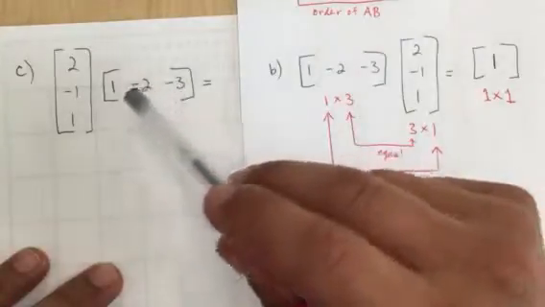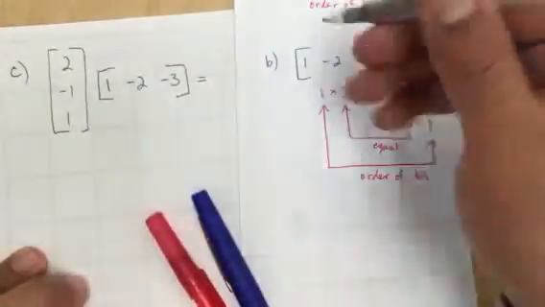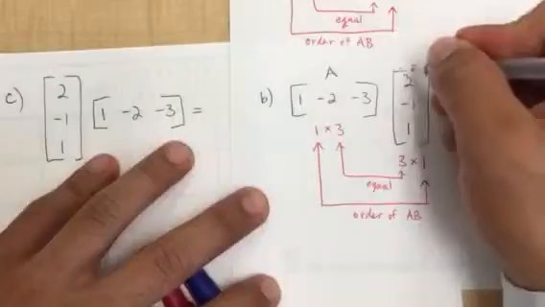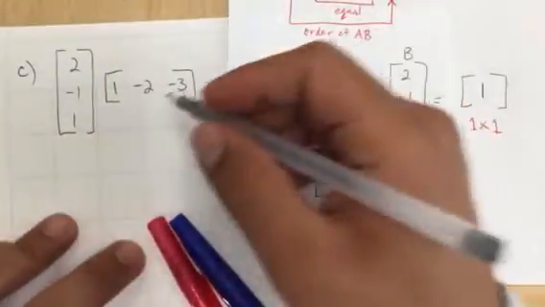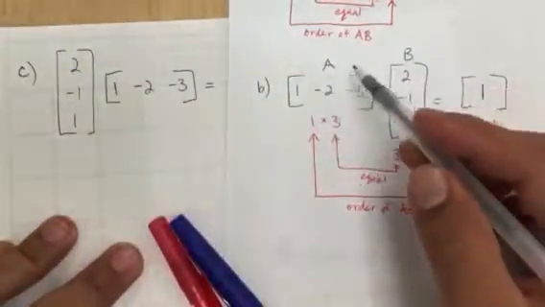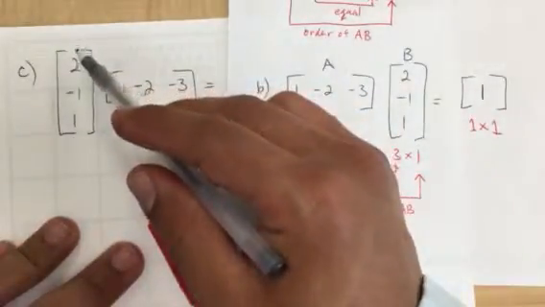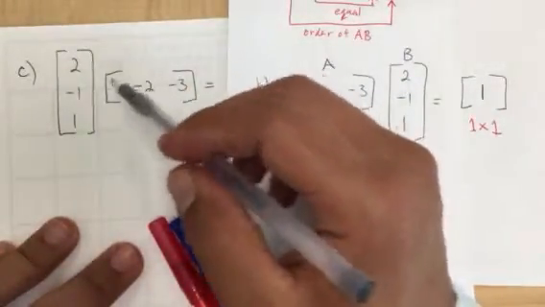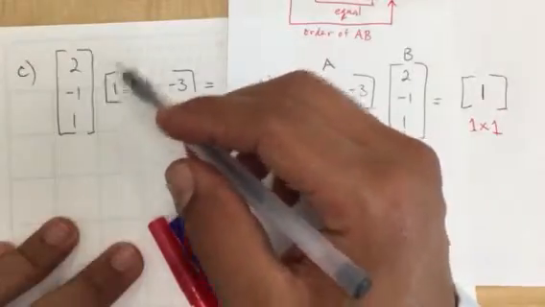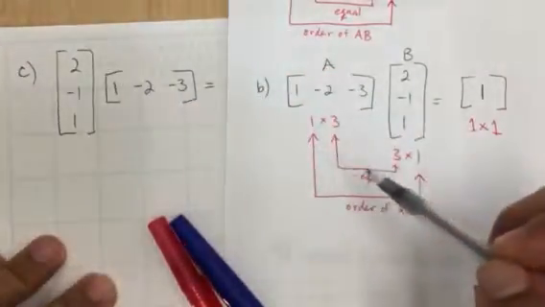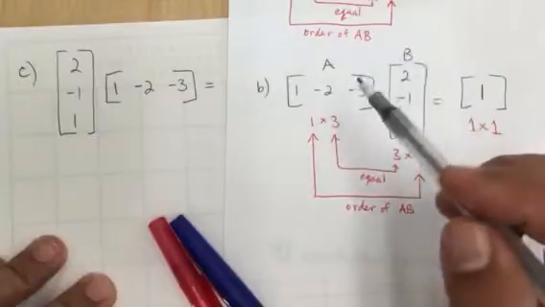So let's say that this is matrix A, this is B. So in a sense, now we're multiplying A times B. Right here we're going to be multiplying, in a sense, B times A. So now the order is reversed as far as what we're multiplying. And you're going to notice that we're going to get totally different answers.